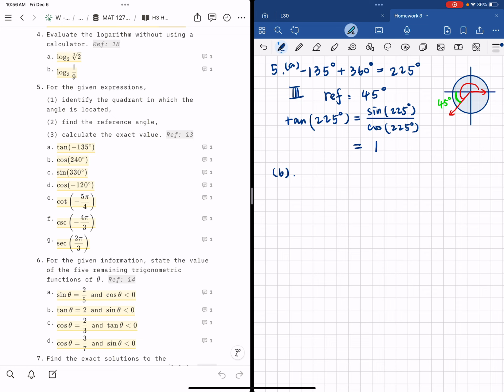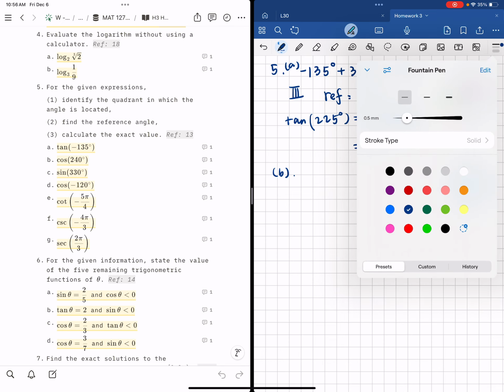Part B, cosine of 240. You could do a little bit of visualization again. It's going to be, I believe, very similar to the graph that we have above. It's basically 240, a little bit over 225.